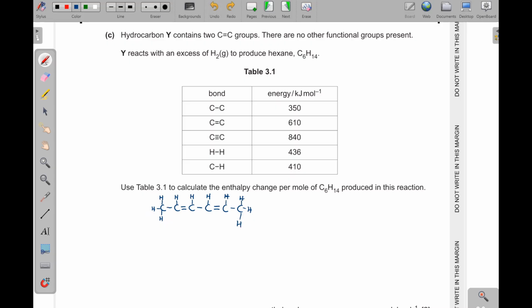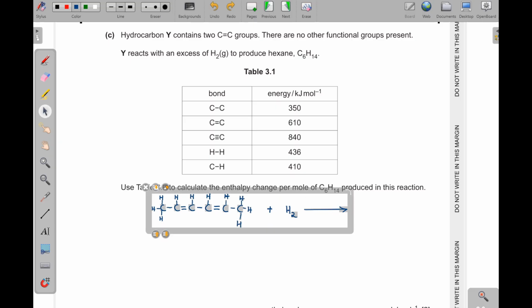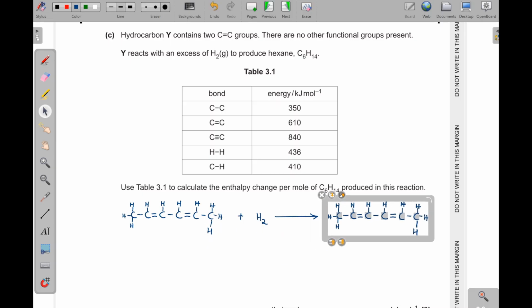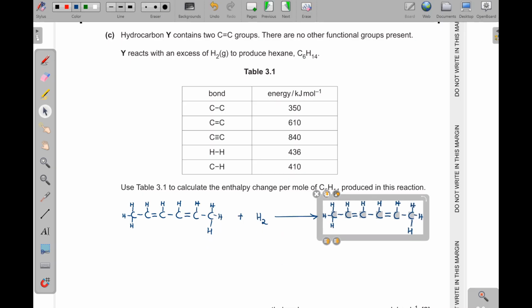Then plus, we are having hydrogen, and then what we are getting is this one here. So I can just draw this one here. And then I'm going to take away the double bonds.